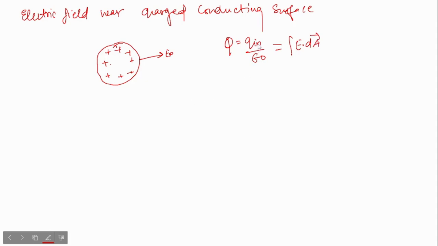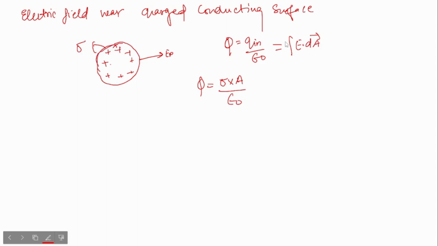Firstly, we will look at what Q enclosed is here. If the surface charge density is sigma, then Q enclosed is sigma into A, upon epsilon naught, if this whole area is A.